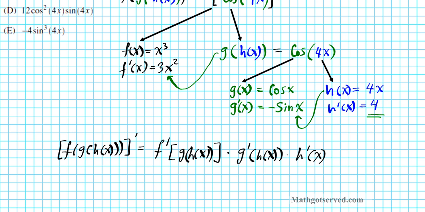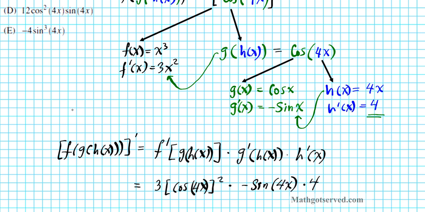Our answer will be f prime of g of h of x, which is 3 times cosine 4x squared, times g prime of h of x. For negative sine x, you just plug in 4x for x, so negative sine of 4x. And then h prime of x is 4.